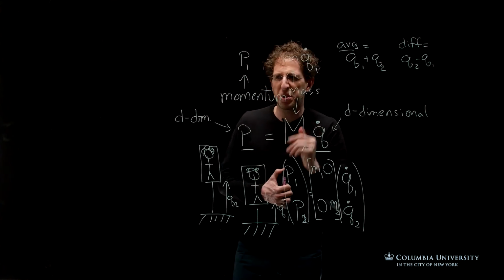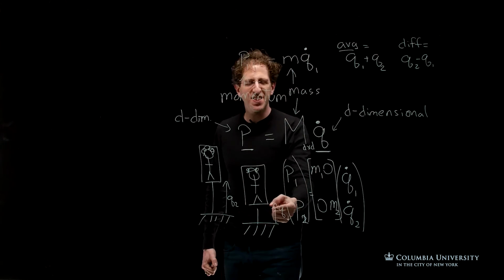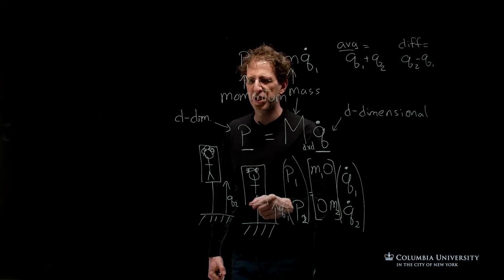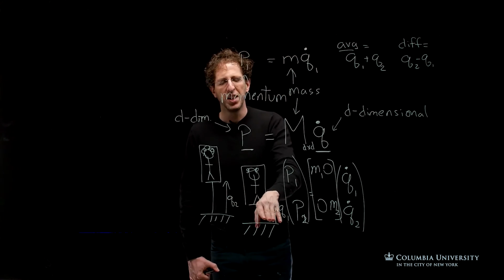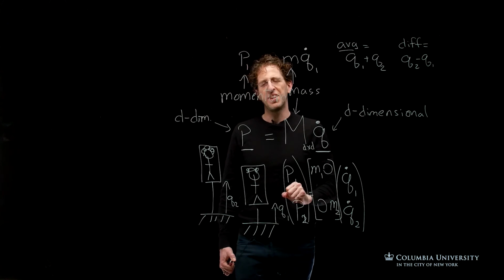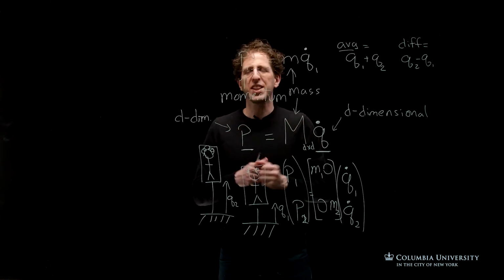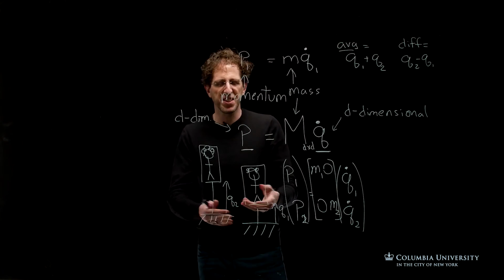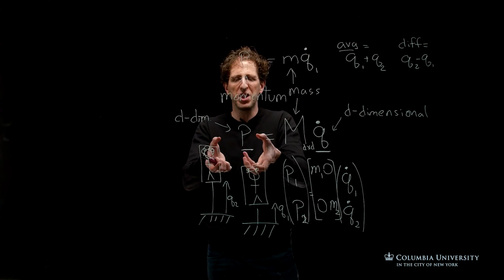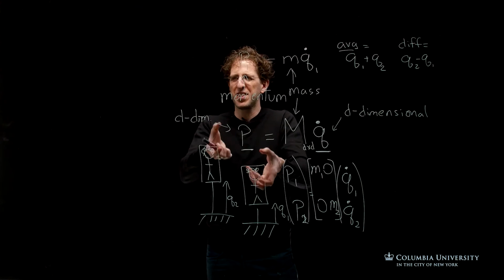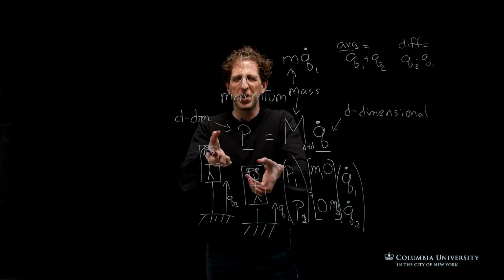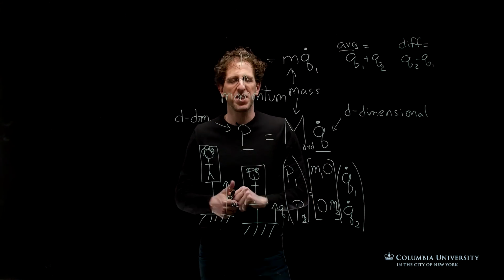The reason that's important to realize is it means that instead of describing the configuration of my two elevator system in terms of the height of the first elevator and the height of the second elevator, I could equivalently describe the same system by the average height of the two elevators and then the difference in height between them. That would give me a description of the same system.